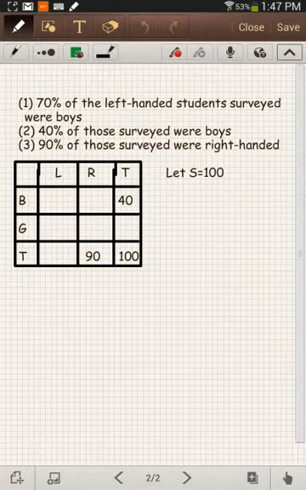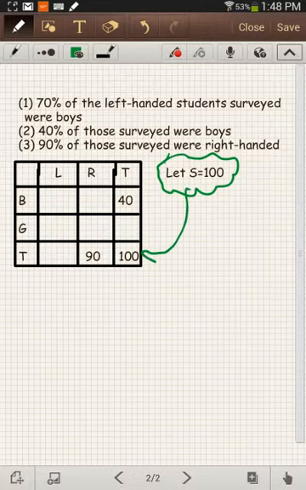I've repeated the conditions, we've set up a chart, and as is typical of many percent problems, since we do not know the numerical quantity, the actual number of the total students surveyed, we are free to choose a value, and we normally pick 100 for percent questions. We put that here.